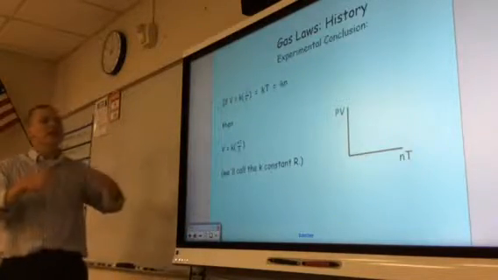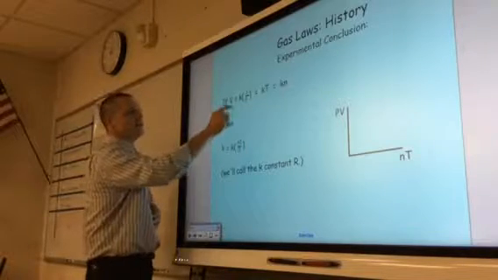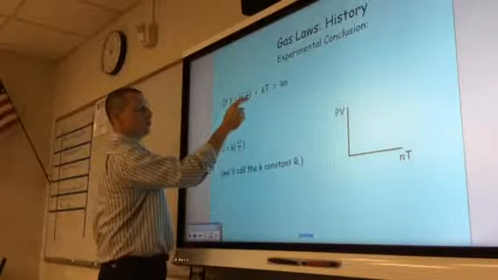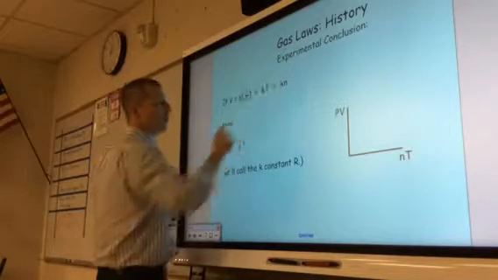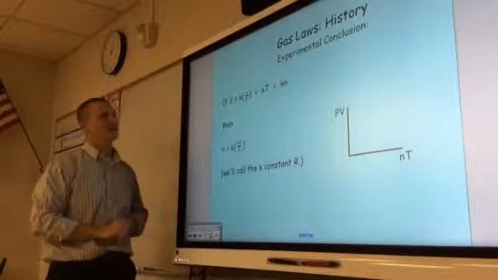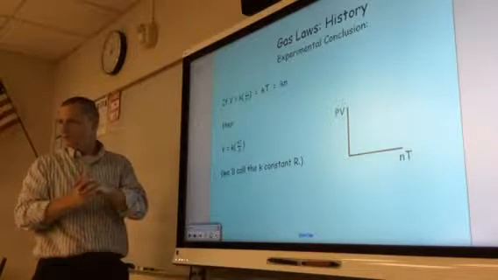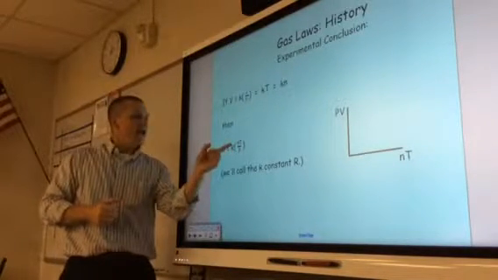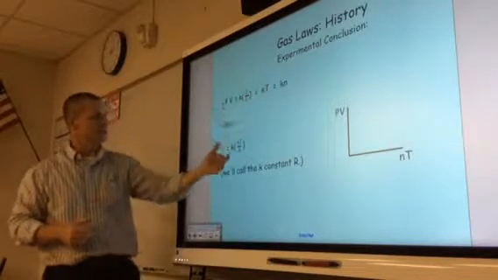Now, let's put these three together. If the volume is equal to, according to Boyle, K times 1 over P, according to Charles, K times T, and according to Avogadro, K times N, then we can put these three equations together: N times T over P, N and T are both in the numerator, P is in the denominator.